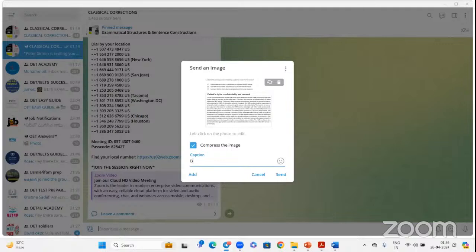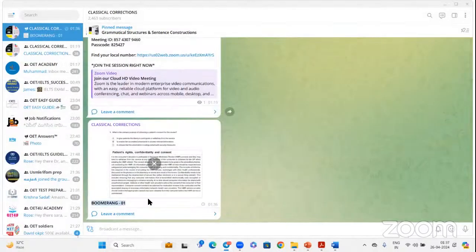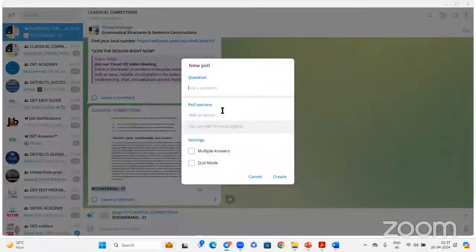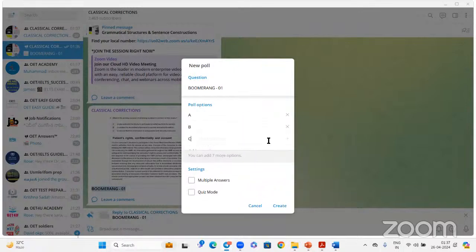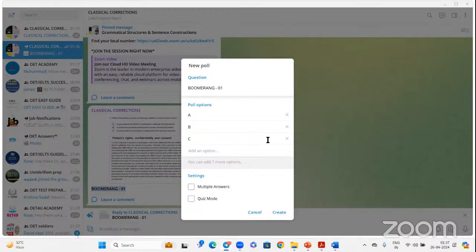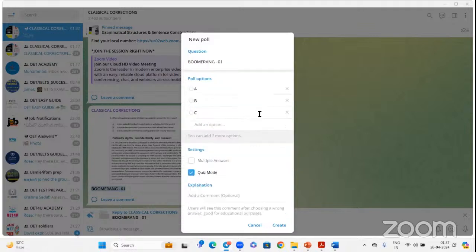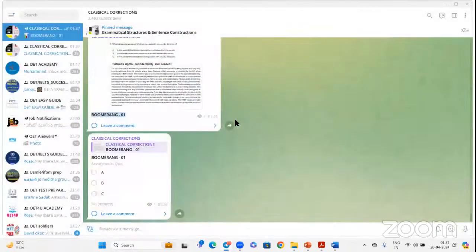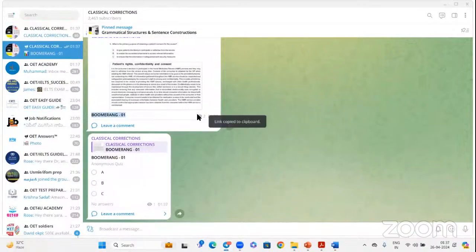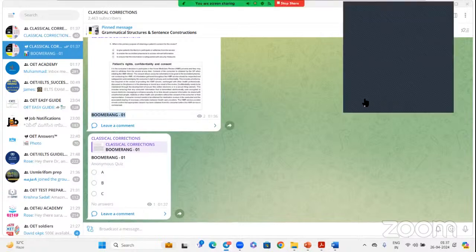So, this is the logical reasoning approach. A, B, and C. Now this is the right answer.